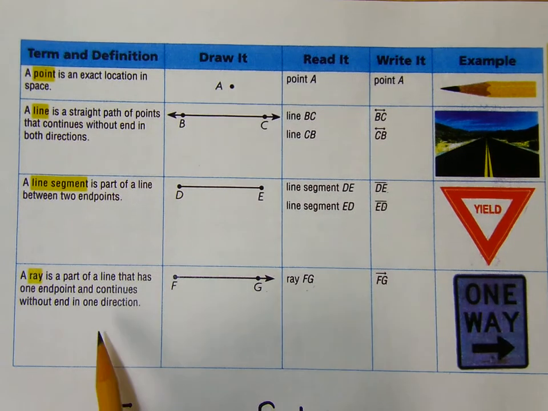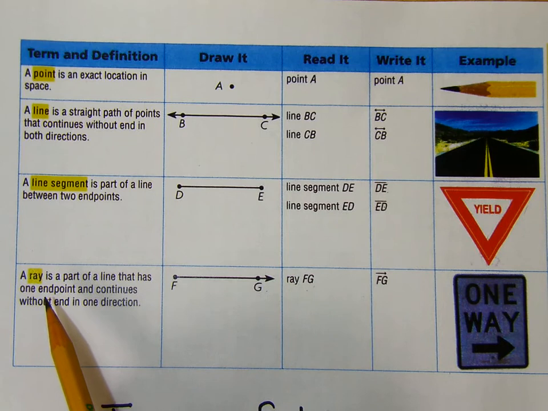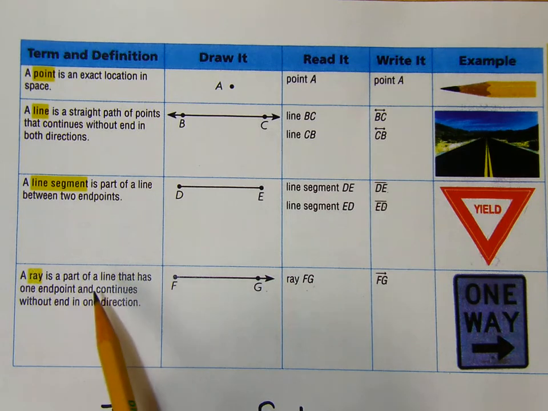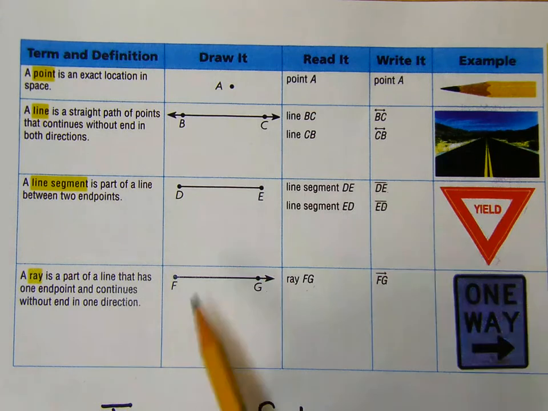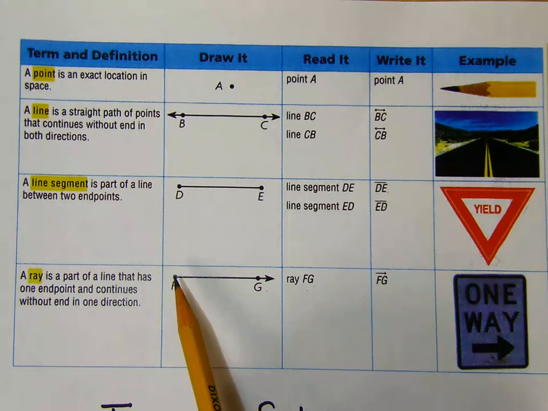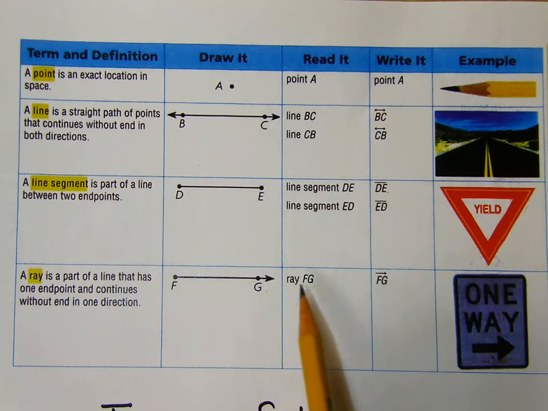All right, the next term is ray. A ray is a part of a line that has one endpoint that continues without end in one direction. So a ray is similar to a line in that it goes without end in one direction.